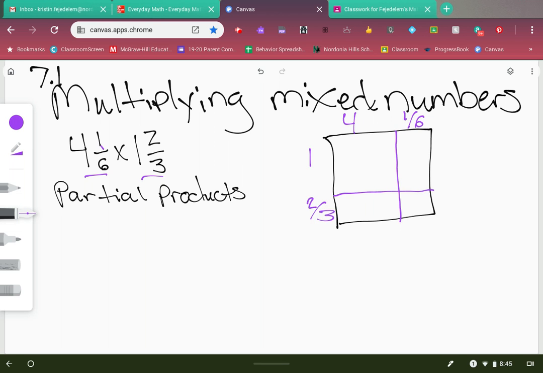It doesn't have to be, but I'm trying to visually show you that this is going to be the biggest number here. Then we have these two that are going to be pretty close, and then this is going to be our smallest.